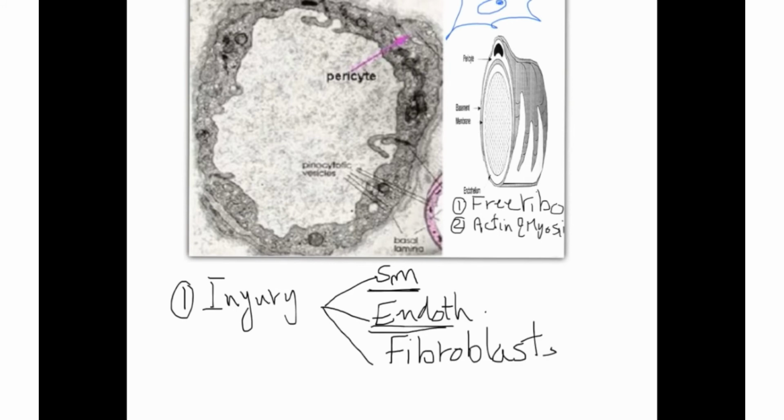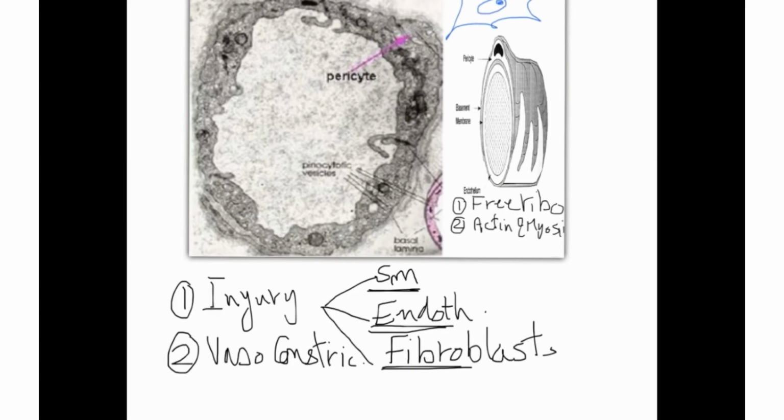In normal condition, its contraction will lead to vasoconstriction, which is the constriction of the blood capillary.